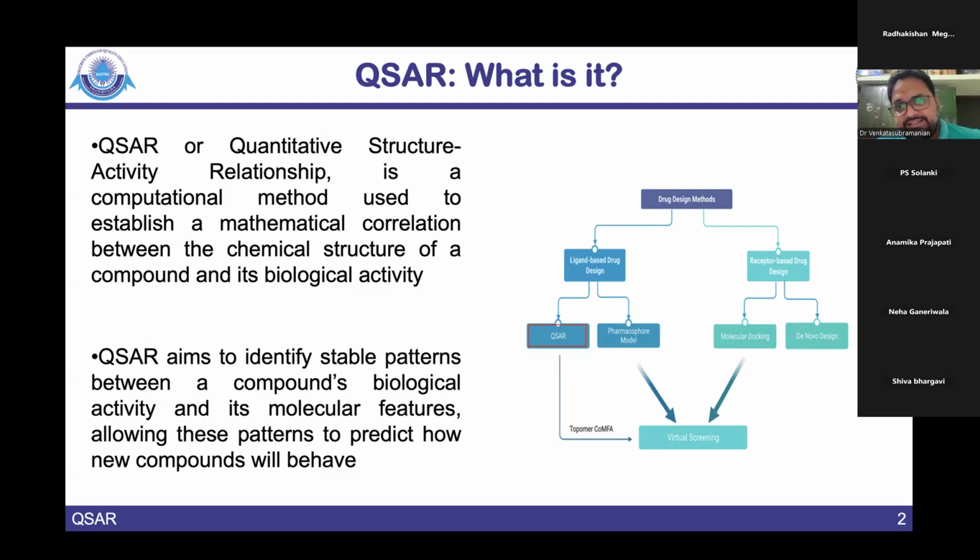And how do we assess those interactions? We do virtual screening. We take thousands and millions of compounds, run them through computational software, and score them based on their interaction energy. We have various tools and various methods of molecular docking.